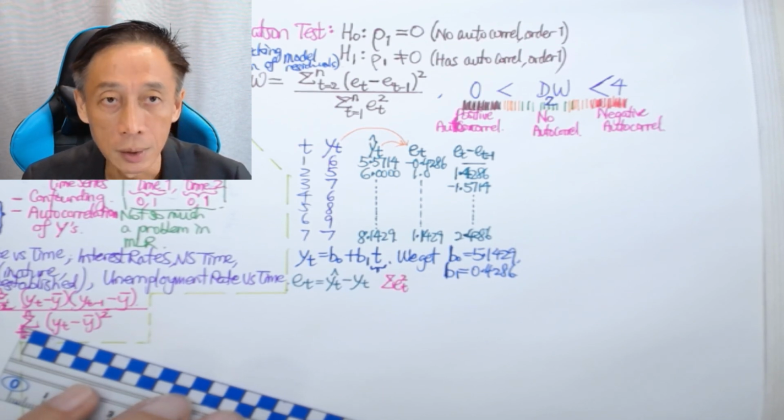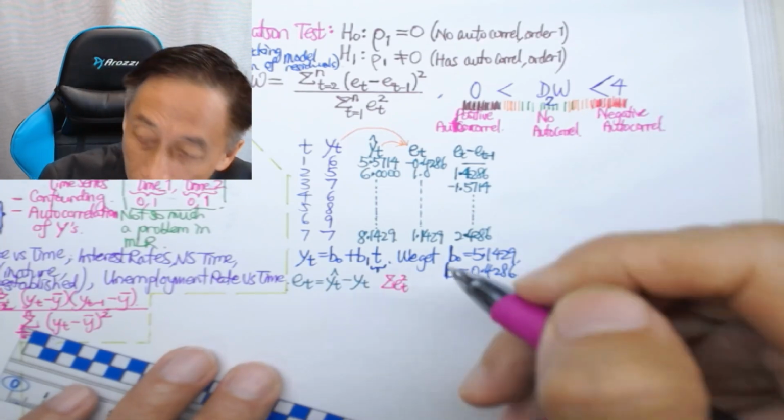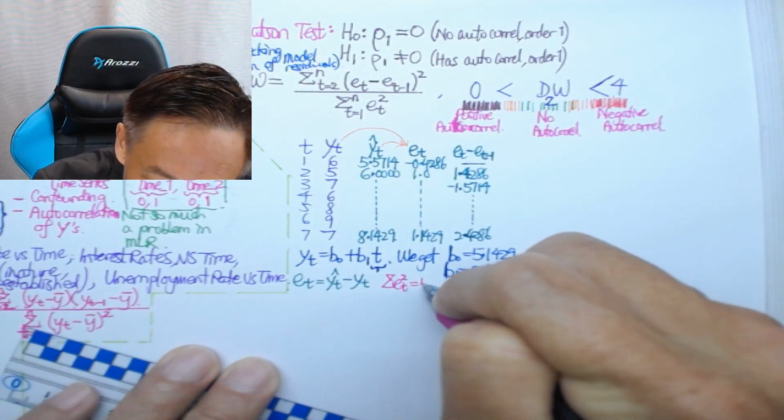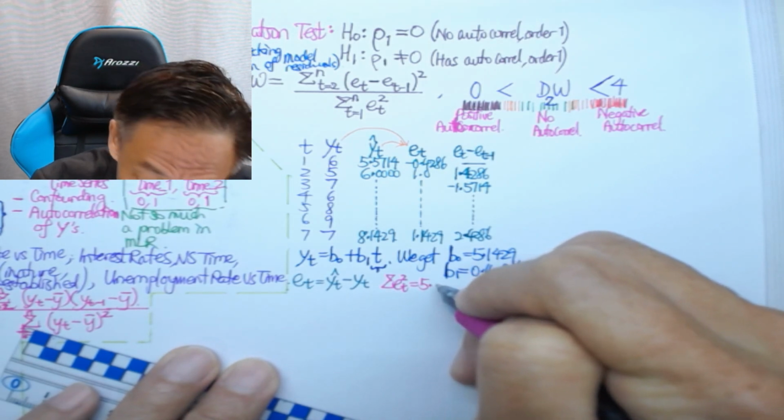R, even easier. Python, straightforward. So you can do that. The number I get, 5.7143.